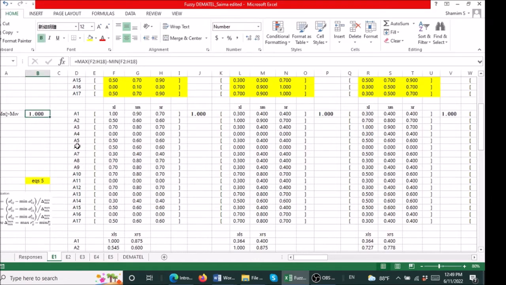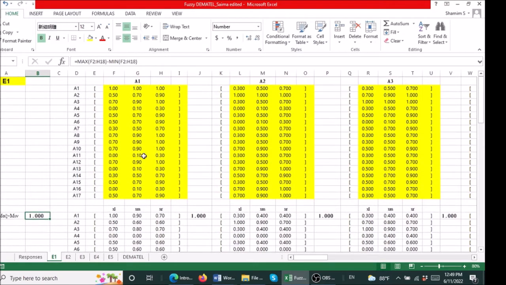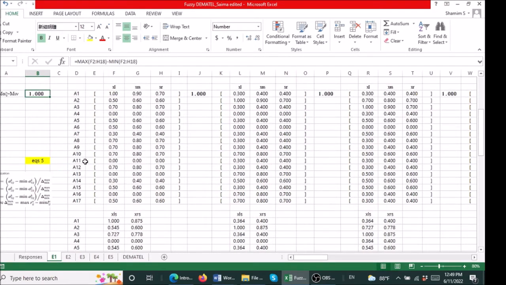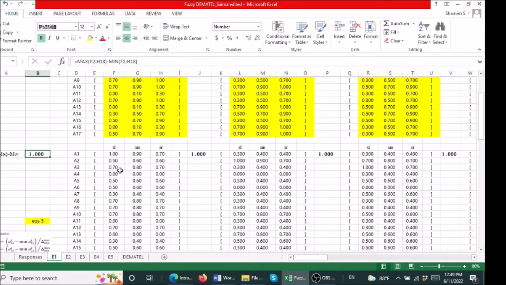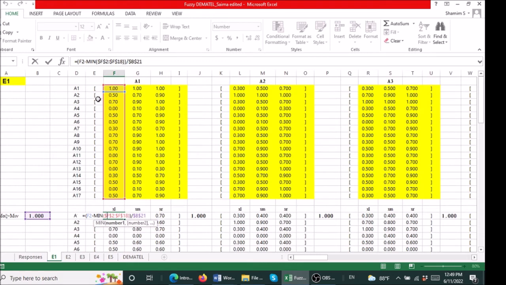Okay, so then we have the formula here: maximum minus minimum. I guess it will be easy to understand, no problem. Maximum minus minimum, and this one again, if you see the formula, F2 minus the minimum, divided by B21.